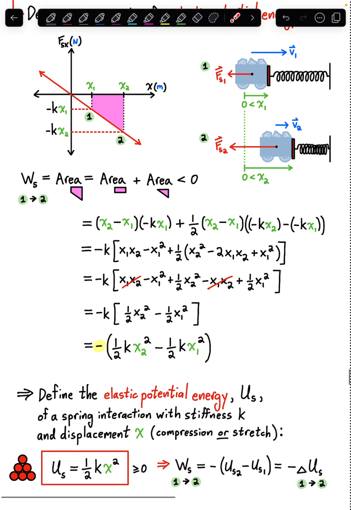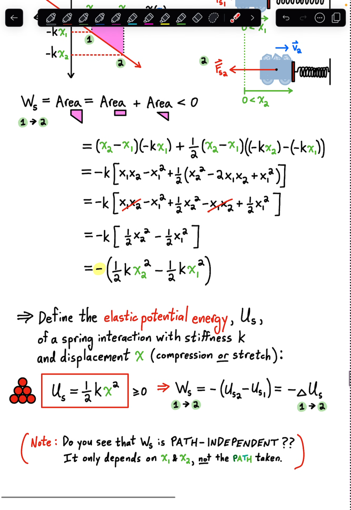So if this is the opposite of the change in spring potential energy, or elastic potential energy, you see, we use those two terms pretty interchangeably, spring and elastic potential energy. If it's the difference between these two terms, then we are invited to define 1/2 kx squared as the elastic potential energy U_S of a spring interaction with stiffness k and displacement x, where x can be a compression or stretch.